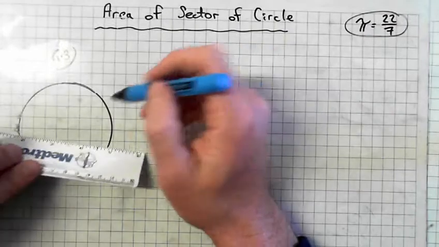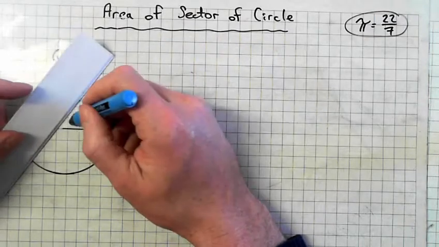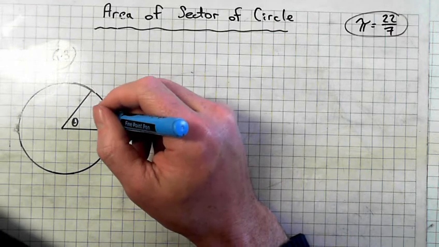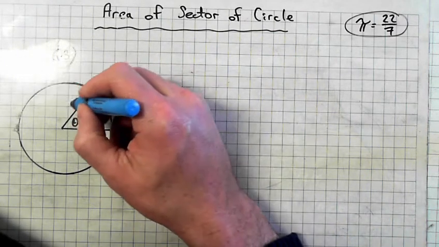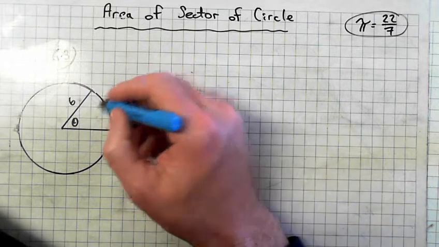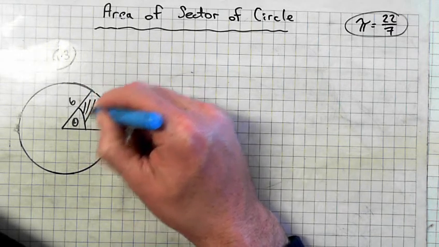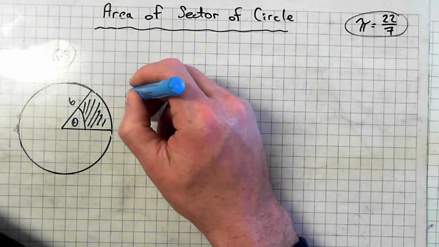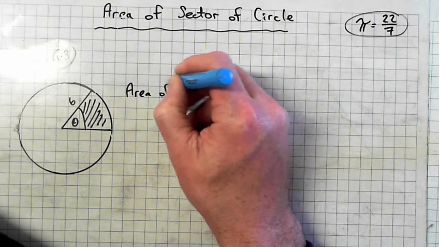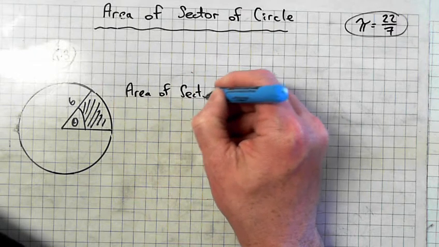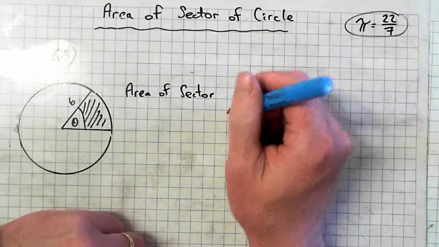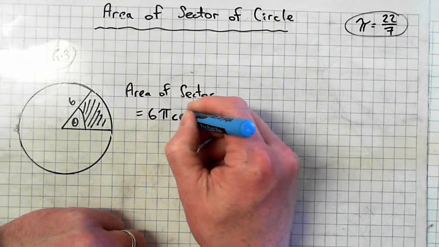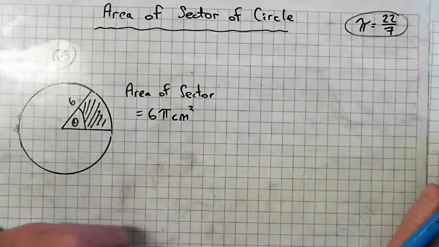It gives us the radius is 6, and it gives the area of this sector. That area there is 6 pi. We'll take it down as we go along. Area of the sector is 6 pi centimeter squared.